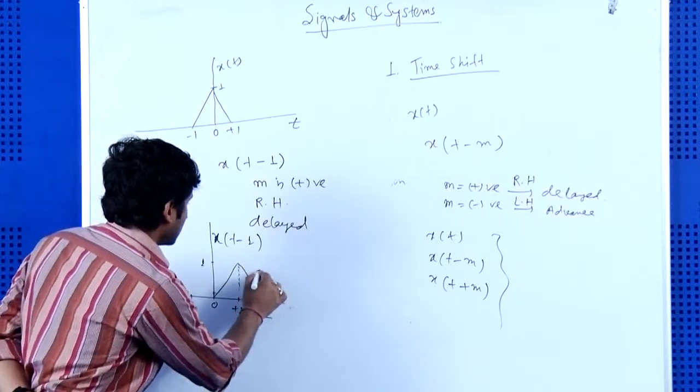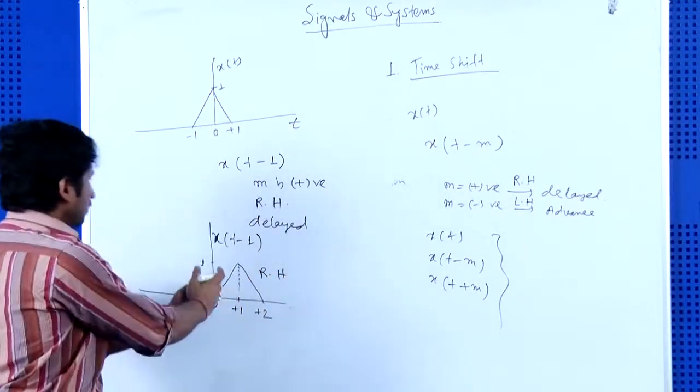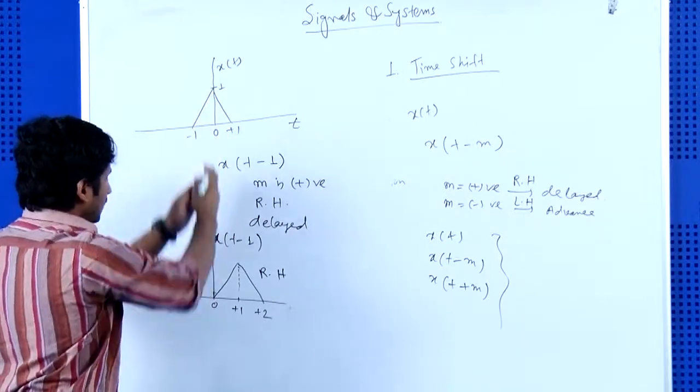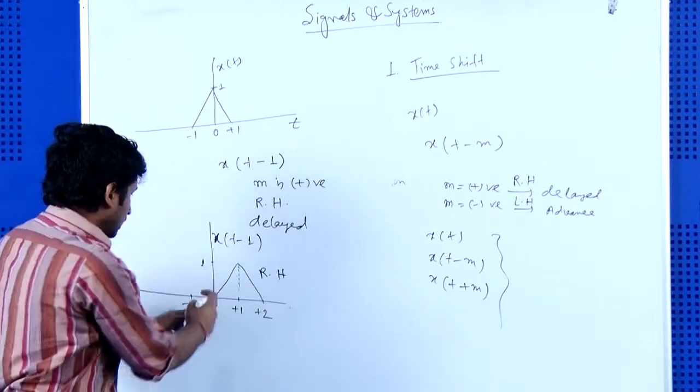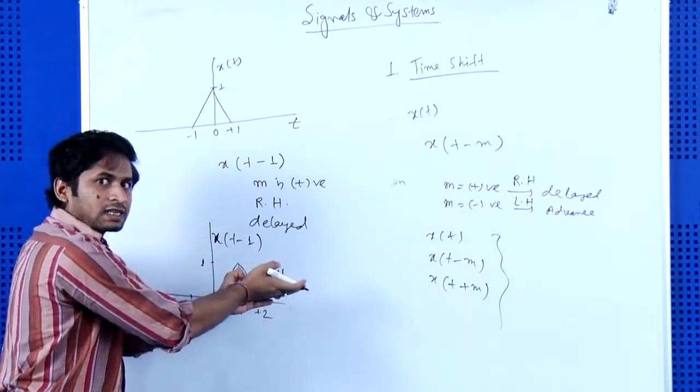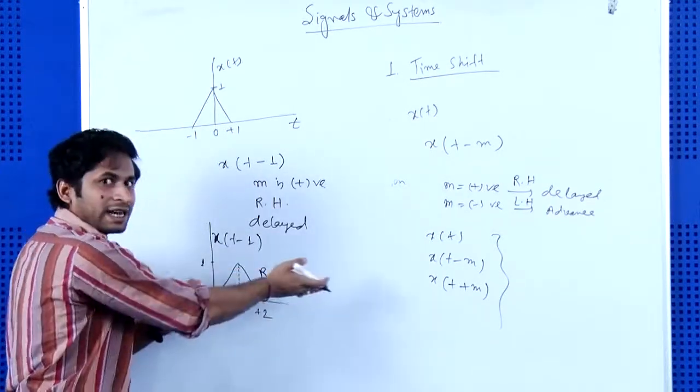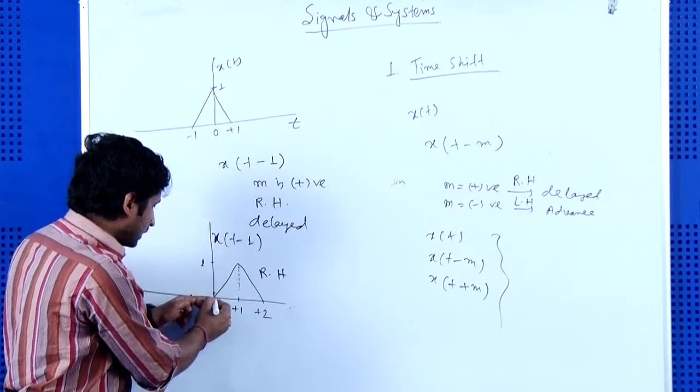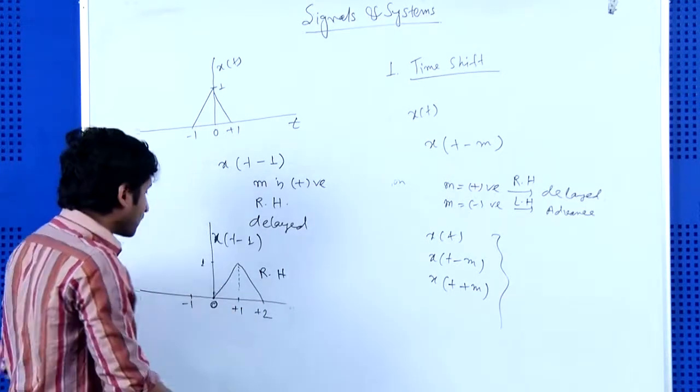There is a shift to the right hand side with respect to the original signal, and there is a shift with respect to t equal to 0.